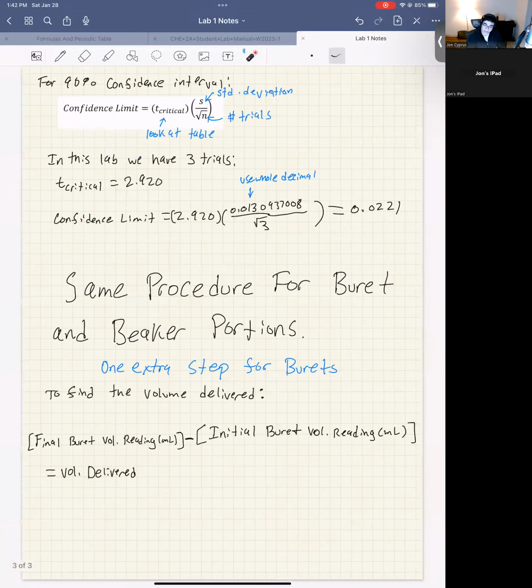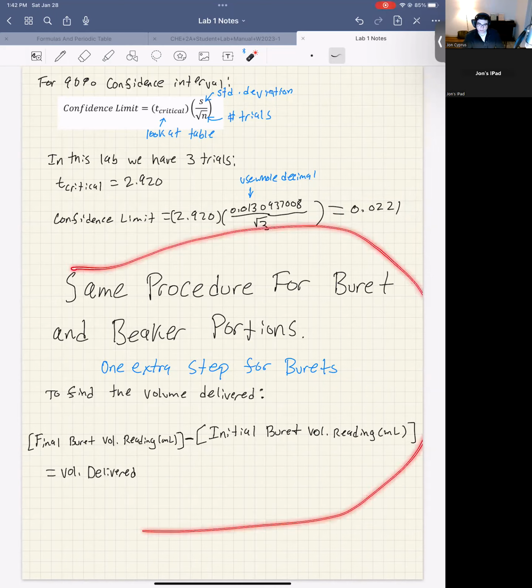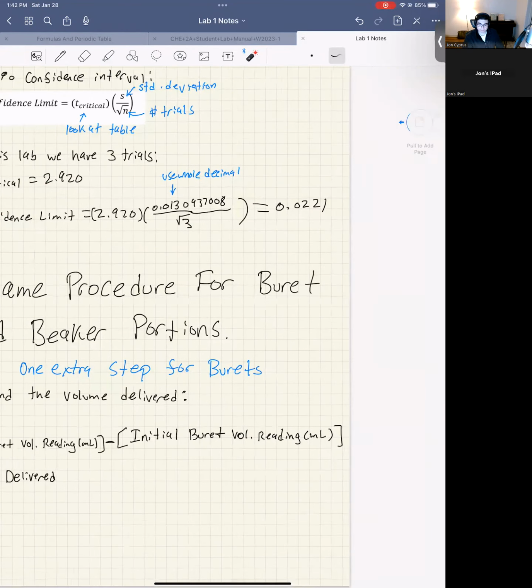Then you use your standard deviation for the 90% confidence limit, which we got over here. And then you would repeat this 2 more times, with 1 extra step for the burette portion.